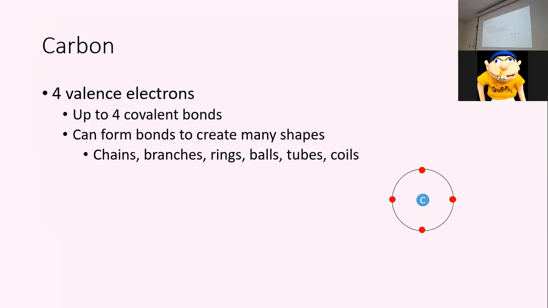It can form chains, branches, rings, balls, tubes, coils. You can make molecules in basically an almost infinite number of shapes. So this diverse behavior of carbon allows us to make a whole diverse set of stuff. I'm just shaking around a bunch of carbon molecules, which is a really weird, abstract way to think about your body, but that's what you are. So carbon.